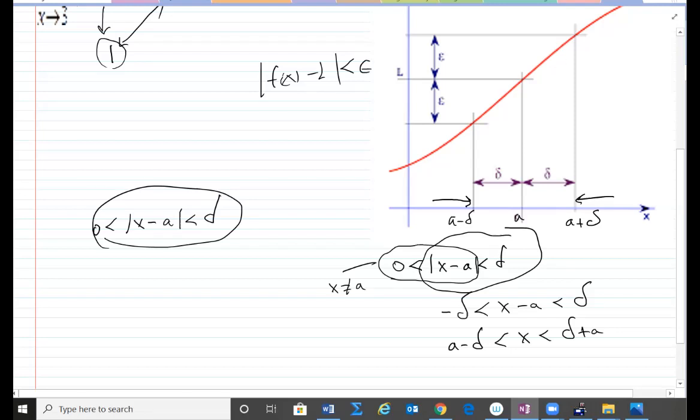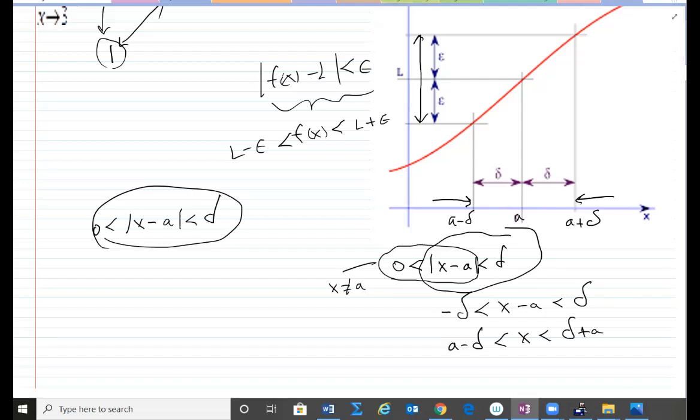And this statement is the same as saying that f of x, and I could run through it the way I did down here, is less than L plus epsilon and greater than L minus epsilon. In other words, that's inside of here, between here and here. So the function would be stuck in there somewhere. For a value of x, f of x would be in here.